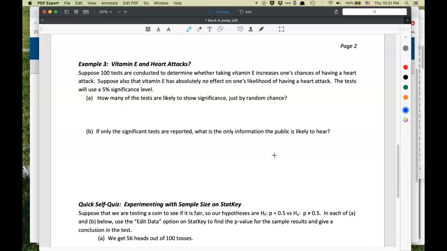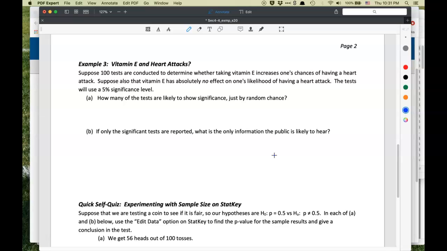All right, so vitamin E and heart attacks. Example 3, suppose 100 tests are conducted to determine whether taking vitamin E increases one's chance of having a heart attack. Suppose also that vitamin E has absolutely no effect on one's likelihood of having a heart attack. The test will use a 5% significance level. So how many of the tests are likely to show significance just by chance?